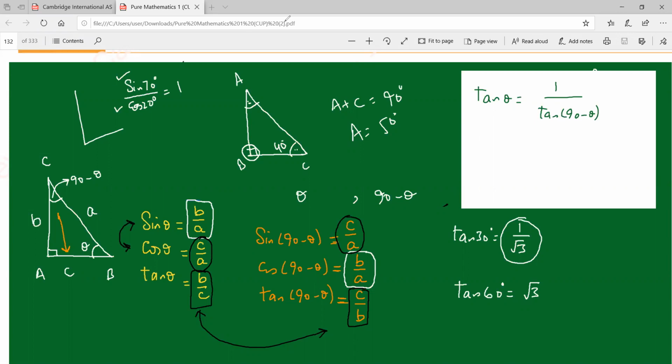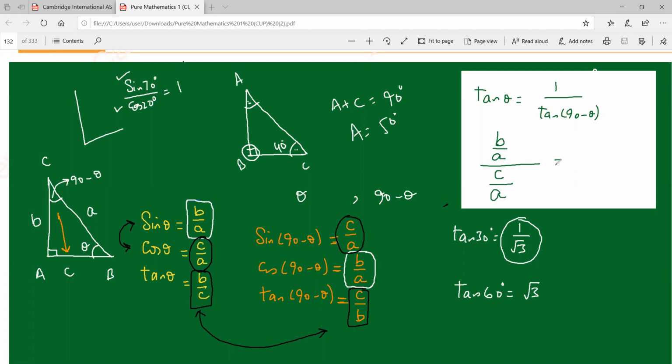There are some values of sine, cos, and tan that you need to learn by heart. Acha, just one more thing. What is B over A divided by C over A?